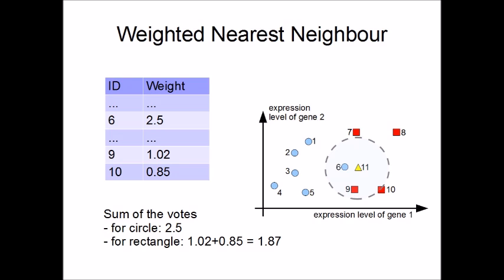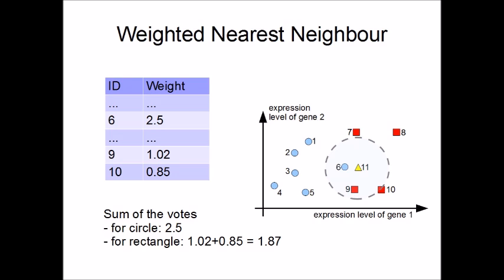At the moment, we don't care where the weights originate from. We are only interested in how to classify this new instance once the weights of the nearest neighbors are given. And what happens is that the nearest neighbors vote according to their weights.